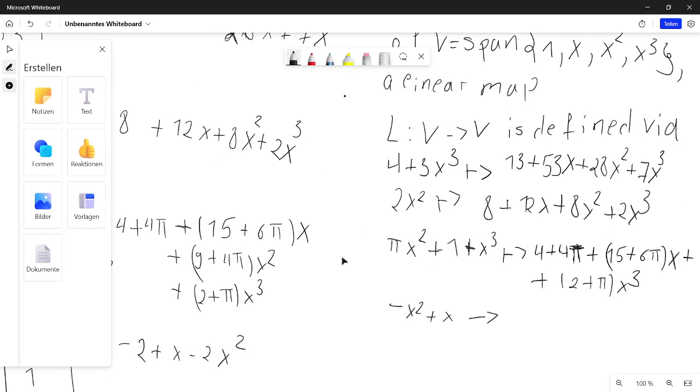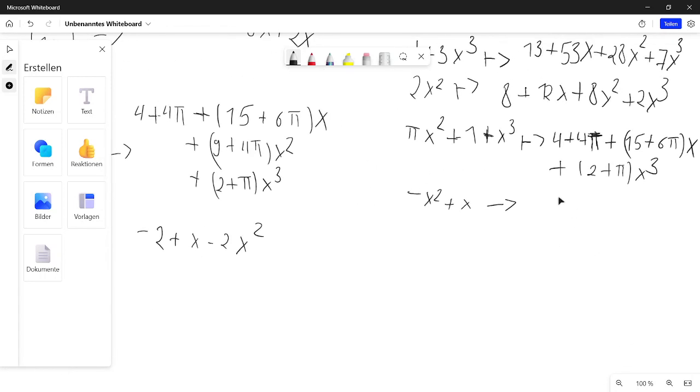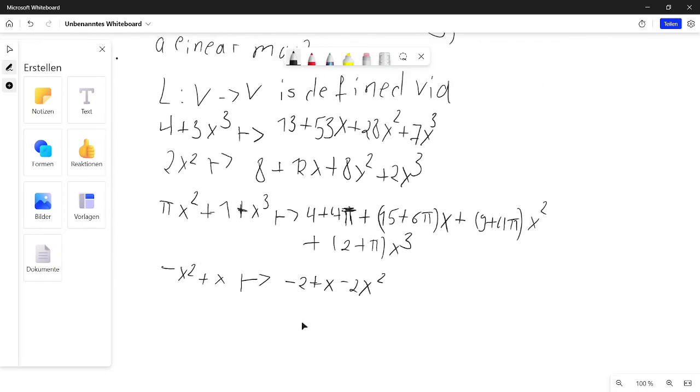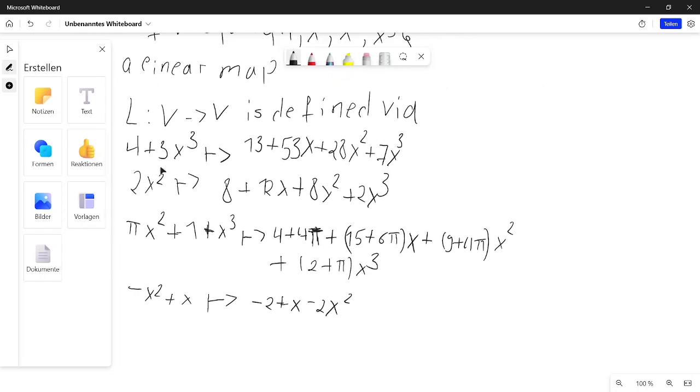It goes from there to there. It's clear what is meant, but it's better to keep it consistent. Minus 2x squared.